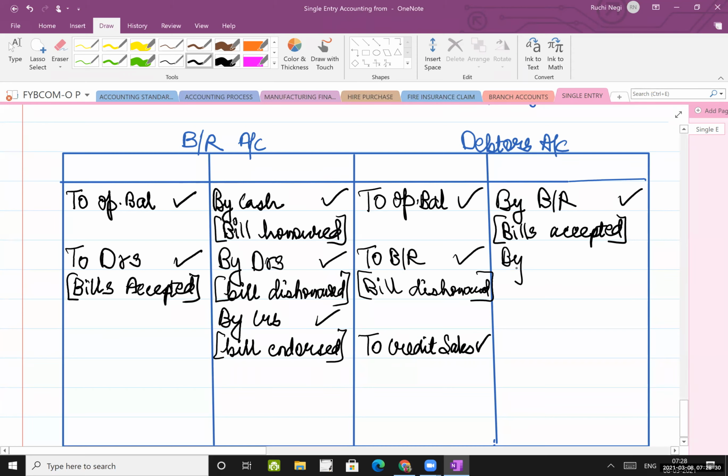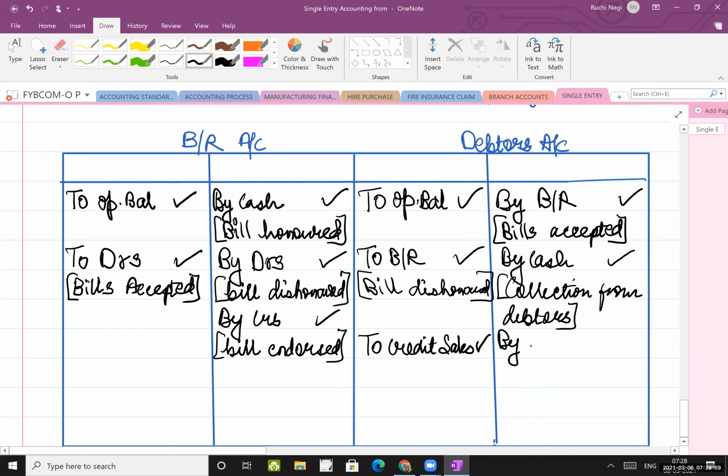So by cash bank, received from debtors, or you can write collection from debtors. Next, sales return, bad debts, all those entries.